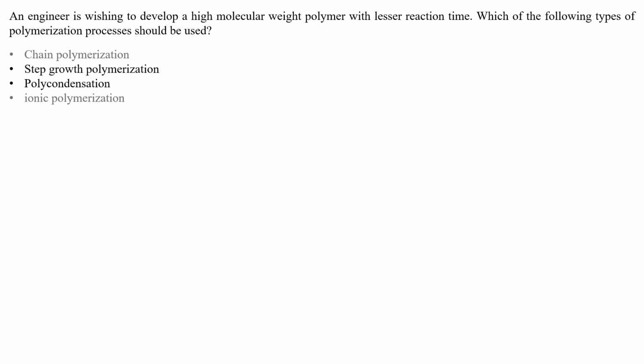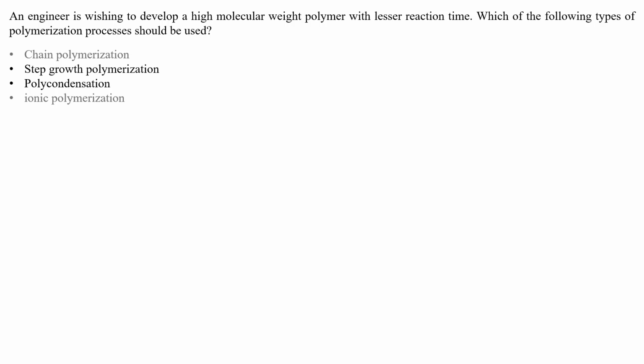So here, what does the nature of the chain polymerization process and the ionic polymerization process tell us? In chain polymerization, we have a radical which starts with the reactive species and it propagates to give a high molecular weight product. And how does that happen? Single monomers come together to form a larger chain.